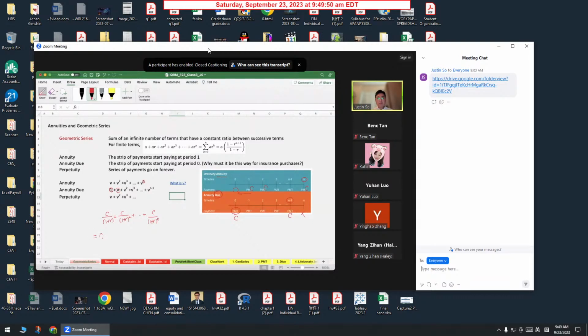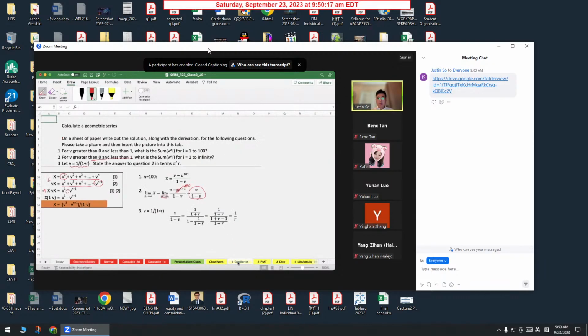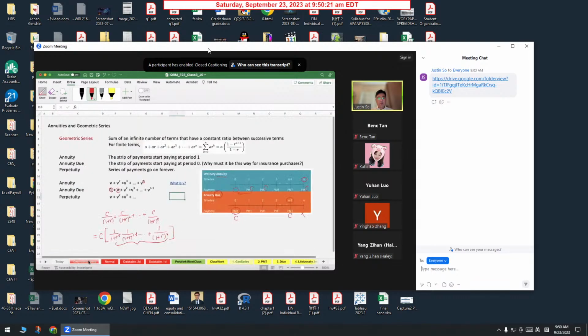If you take C out in front, this whole thing becomes 1 over 1 plus r, 1 over 1 plus r squared, and so on. Look at this whole thing. You go back. Look at this, it looks familiar.